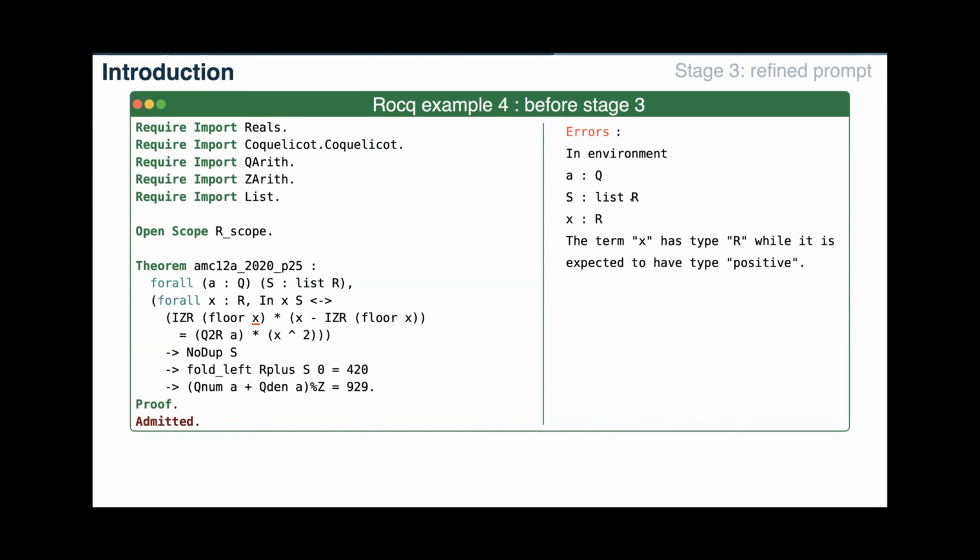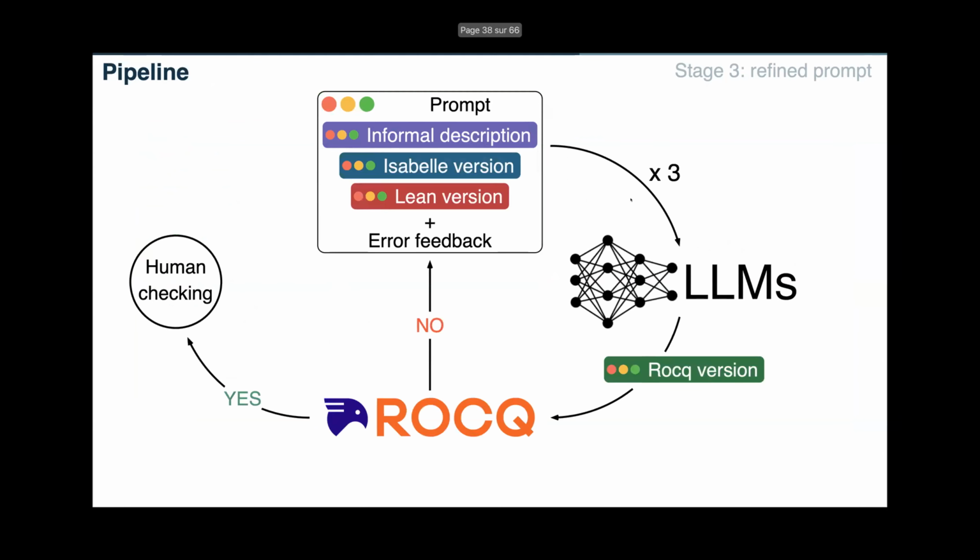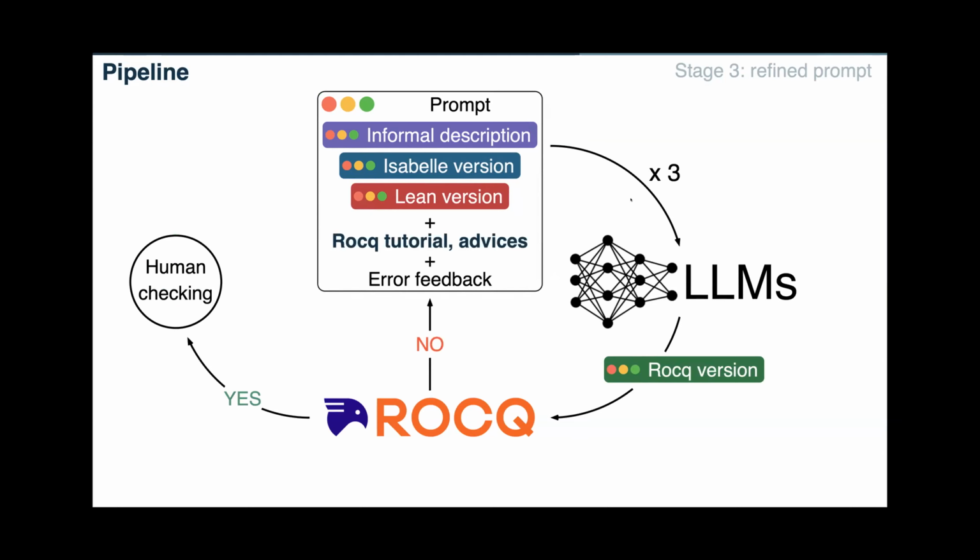So our idea was to improve the prompt with a mini Rocq tutorial and some advice targeting the recurrent errors. We also increased the number of attempts available to the model.